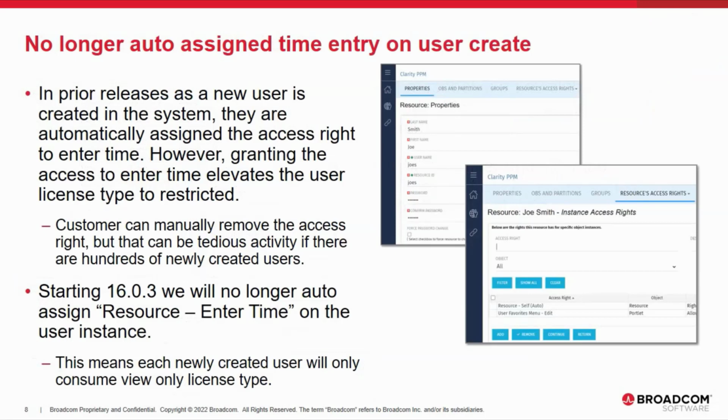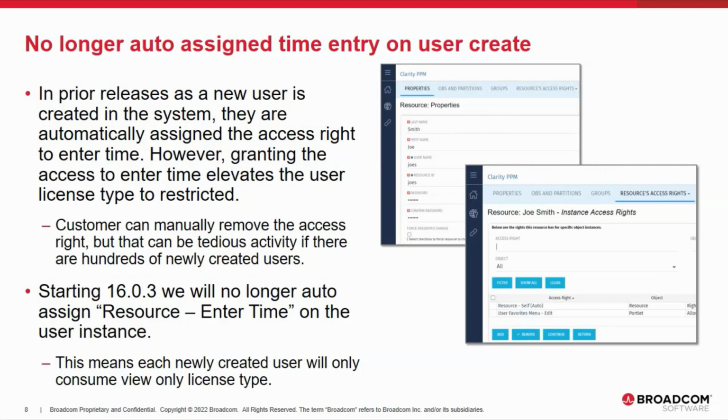As part of 16.0.3, we are changing how the auto assign rights of resource enter time is going to be managed. In the prior release, when a new user was created in the system, they would automatically be assigned the access right to enter time for themselves. However, granting that right would result in elevating their license type in Clarity to restricted.